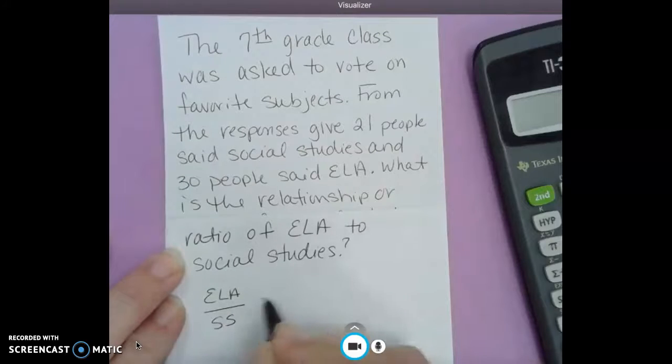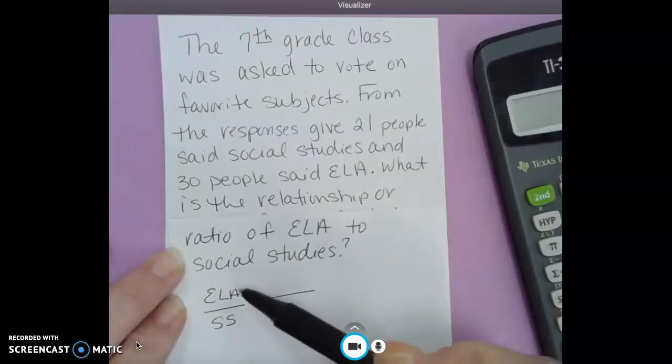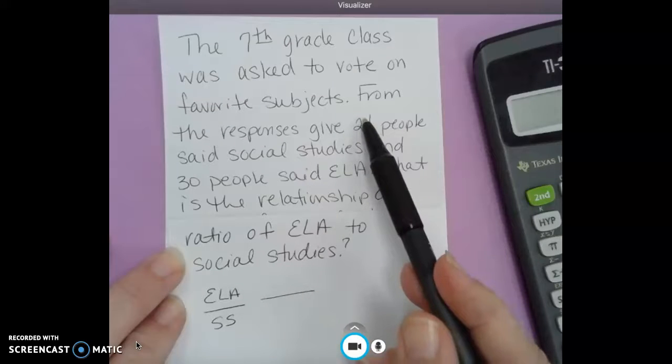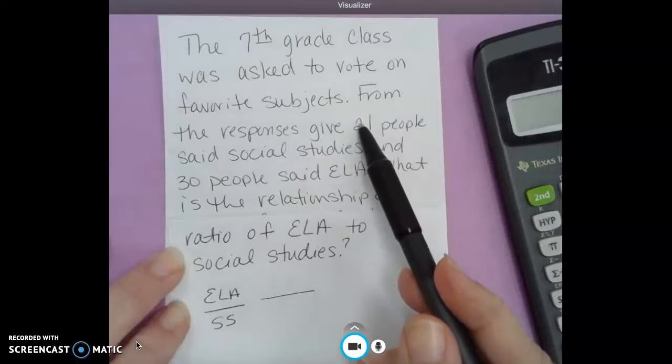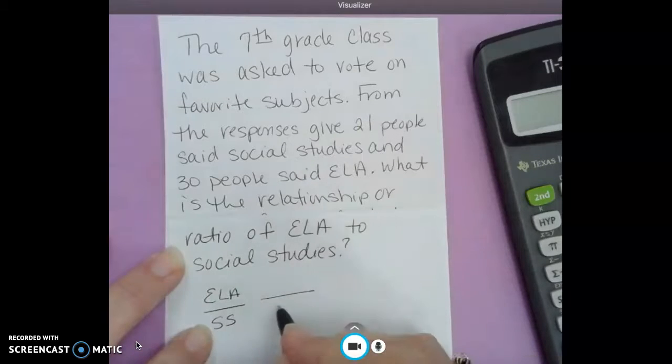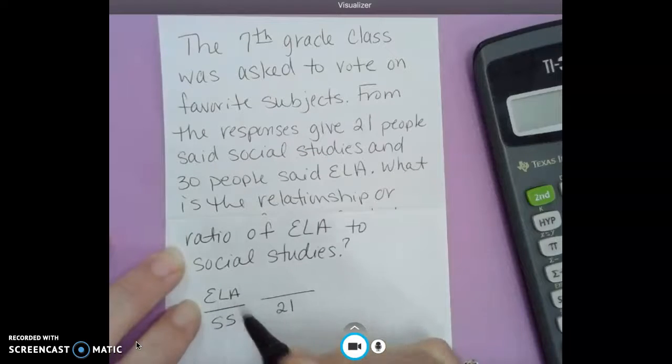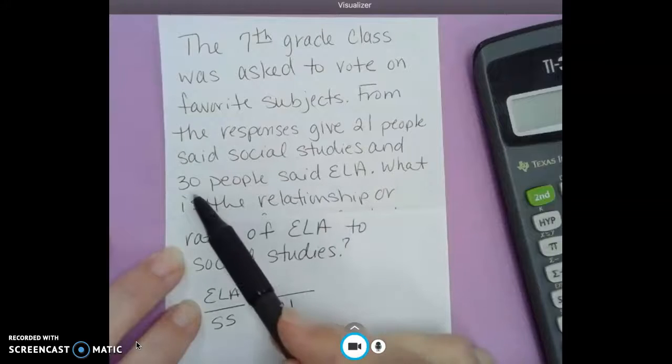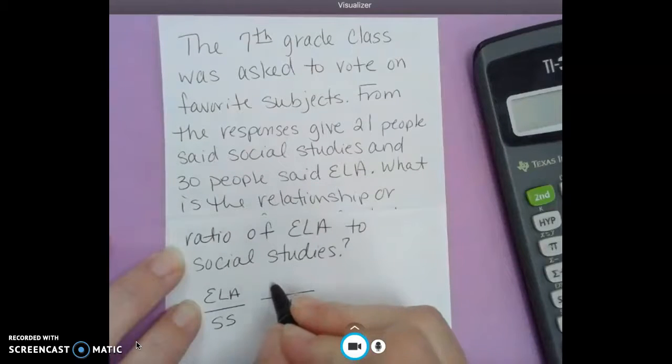So we've got to be careful to make sure that we put the right information in the right place. So 21 people said social studies. So this time social studies is on the bottom, so the 21 needs to go on the bottom. And it says English language arts. So English language arts was 30 people, so 30 goes on top.